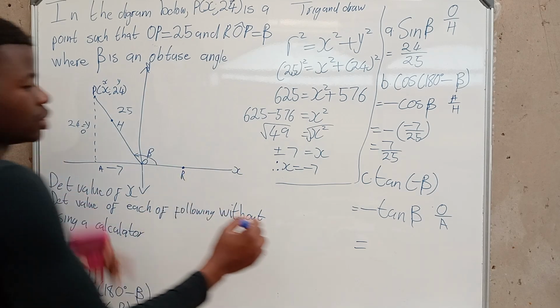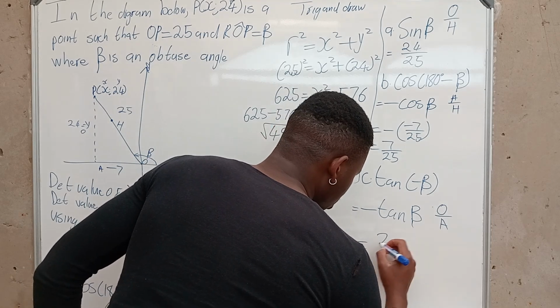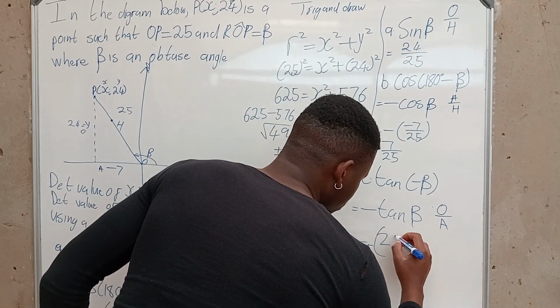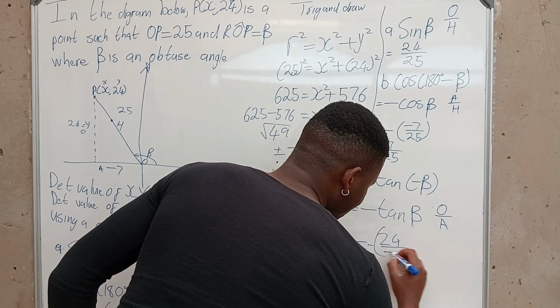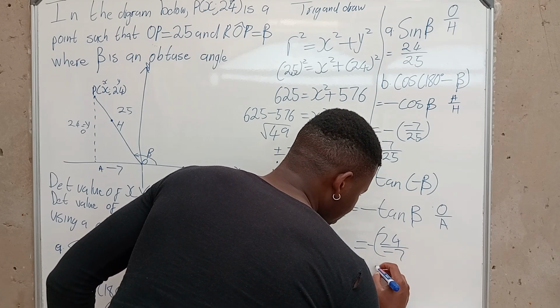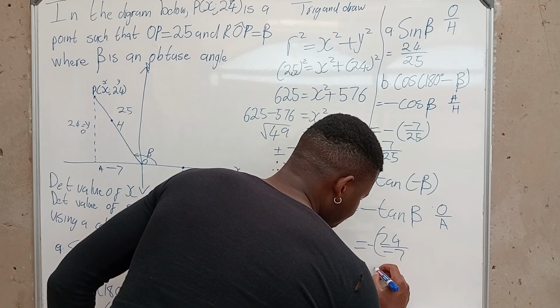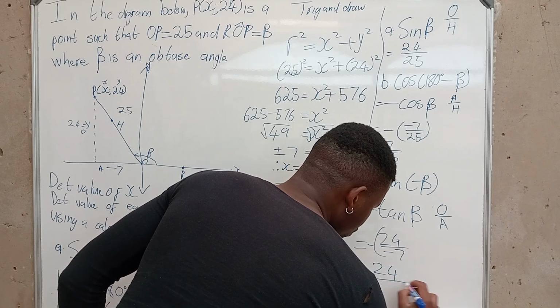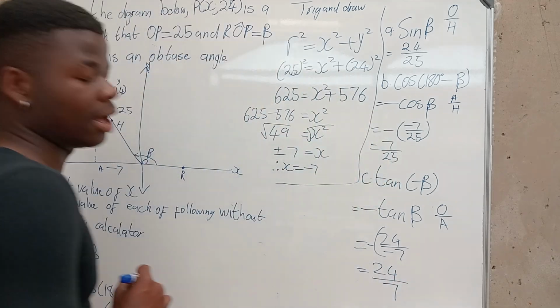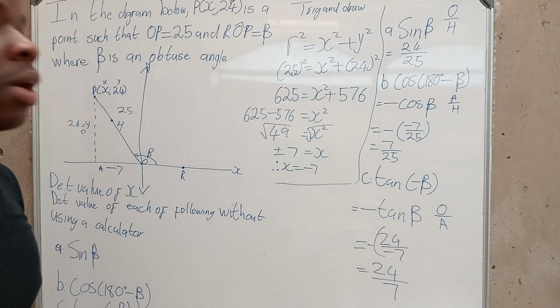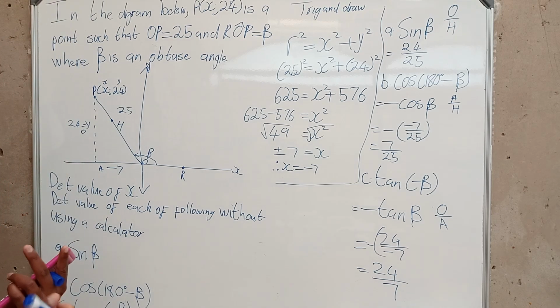It is going to be 24 divided by negative 7. Then negative multiplied by negative gives us 24 over 7. So that's how the trigonometry trick and draw crumbles.